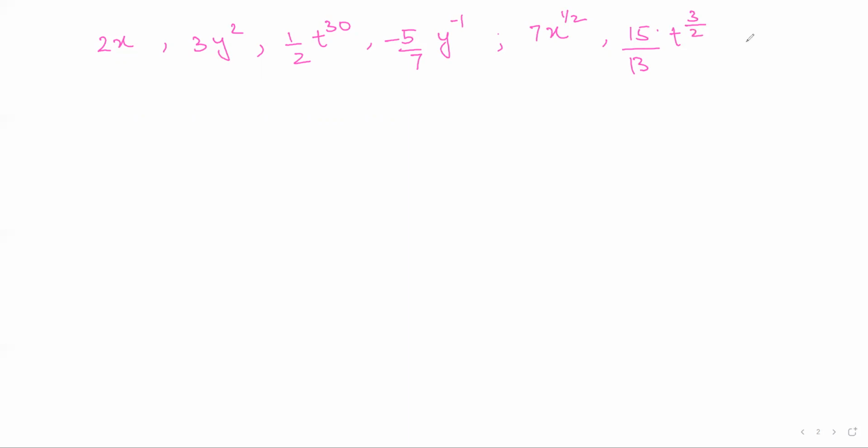Now in these, or even a root value, say 5 root x. Now these are expressions. Why are they expressions? Because they have some particular variable.